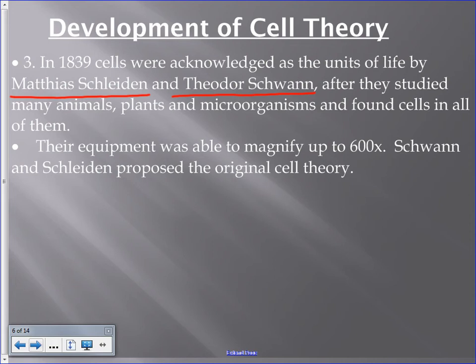Years and years of experimentation and looking at stuff under a microscope proved that to be true. So they're the ones that actually proposed the original cell theory, that all organisms are made of cells, that cells carry out the basic functions of the organism, and that cells reproduce from the division of existing cells.